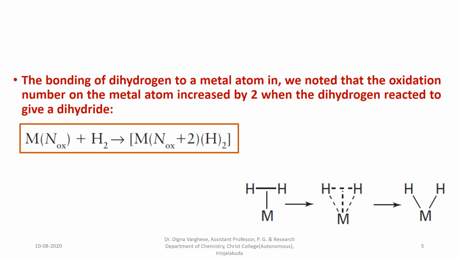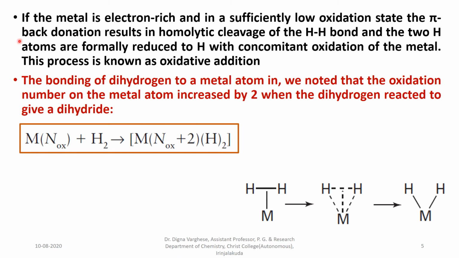In the bonding of dihydrogen to a metal atom, we noted that the oxidation number on the metal atom increased by 2 when the dihydrogen reacted to give a dihydride. Here, representing a general example, M in oxidation state n plus hydrogen gives M with the oxidation state increased by 2, and hydrogen adds to this.